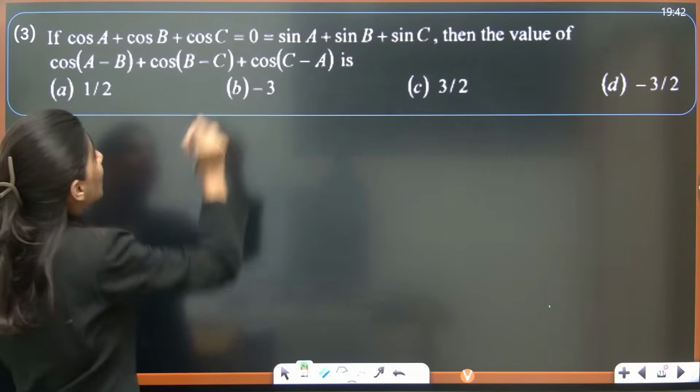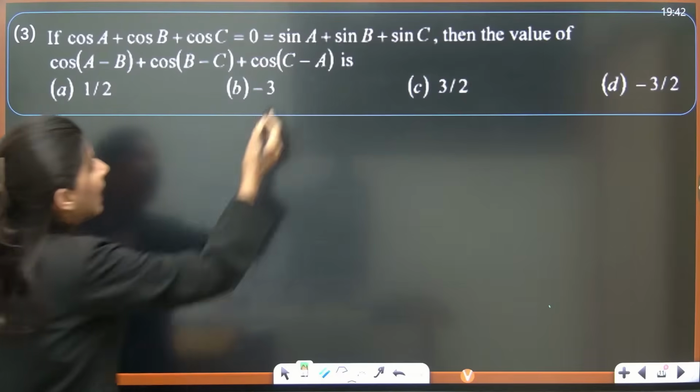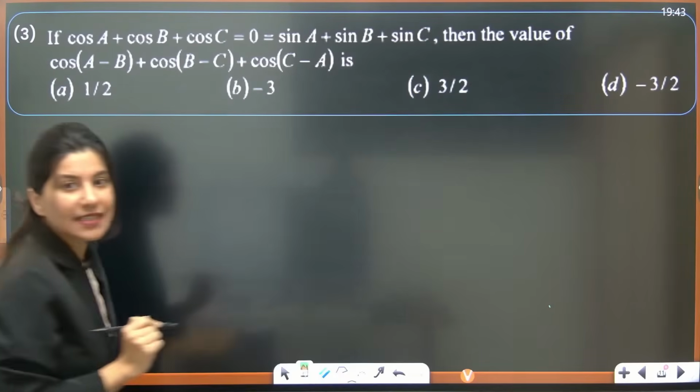So cos A plus cos B plus cos C is 0, and sin A plus sin B plus sin C is also 0.